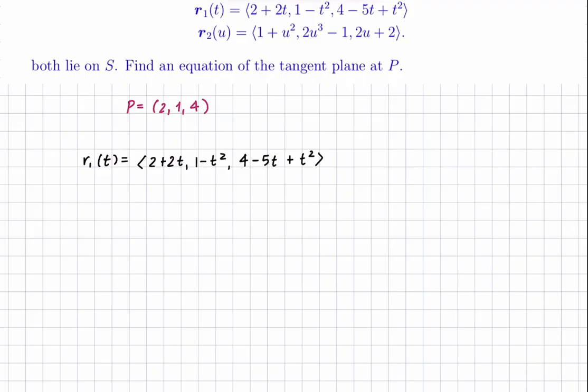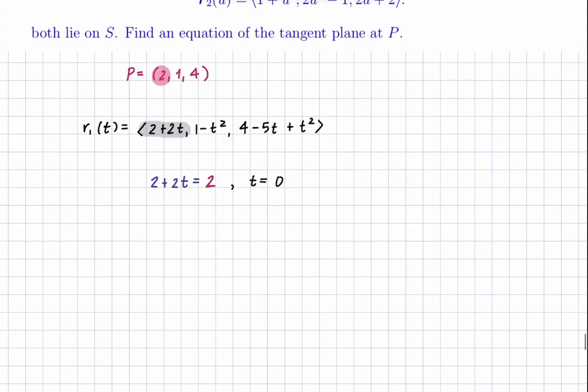I'm going to take the simplest component to deal with because I'm solving for t, so that is the x component. I'm going to do 2 + 2t and set this equal to the x value of point P, which is 2. Solving for t, I get t equals 0.